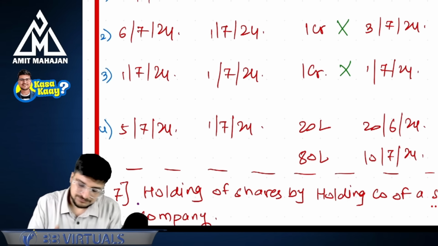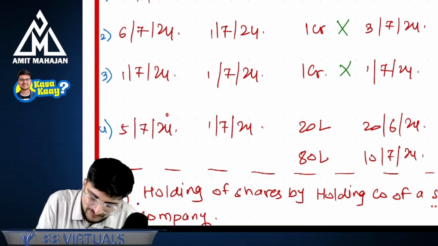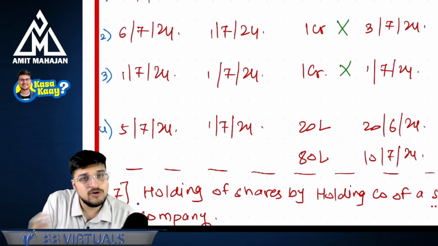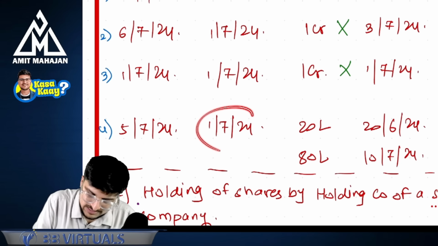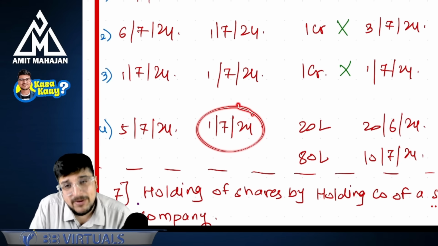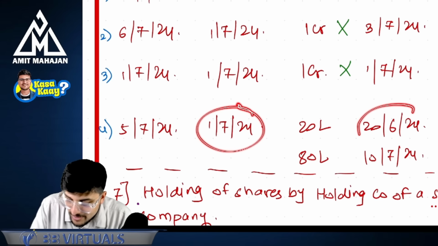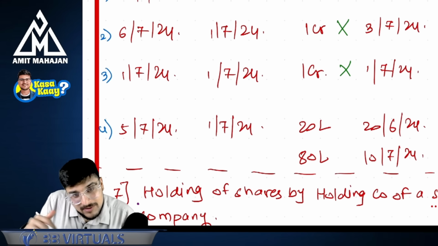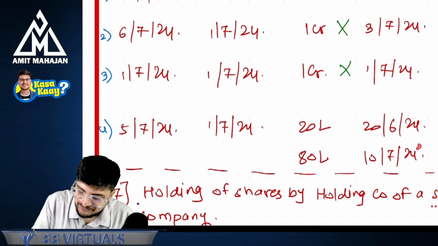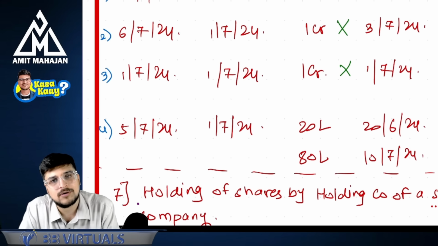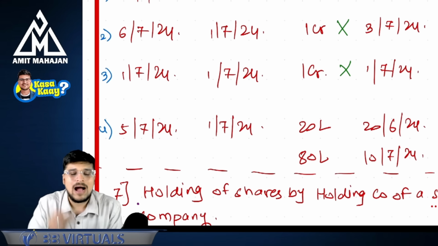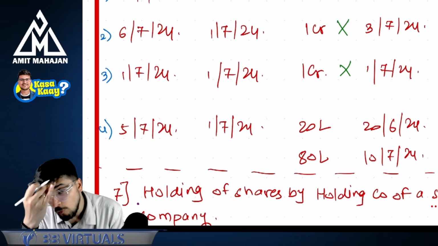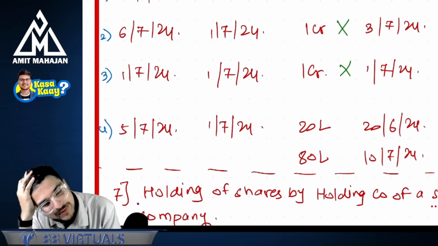Fourth example. 5/7/24 and 1/7/24, whichever is earlier comes to 1/7/24. Now you have paid part payment prior to 1/7/24 and you have paid part payment after 1/7/24. Now I want to ask one question. According to you, what should be the answer?